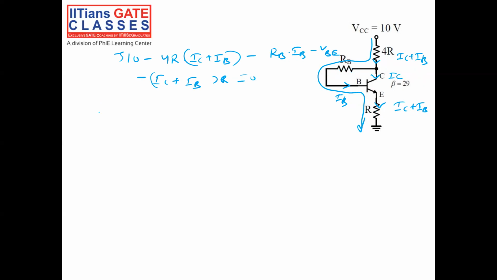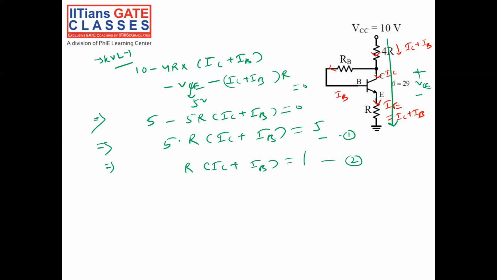This implies 10 minus 4R into IC plus IB minus R into IC plus IB, which is 5 into R into IC plus IB, minus RB into IB minus VB, which is 0.7, equal to 0.